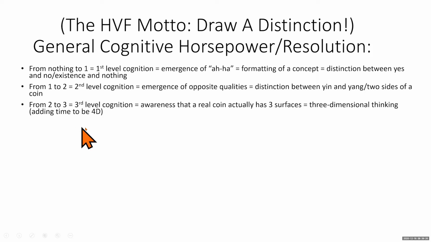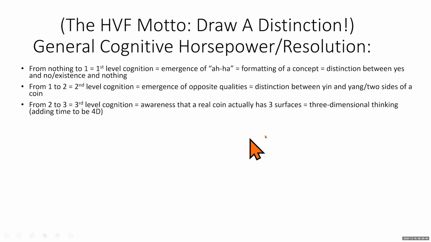Now, from 2 to 3, I call third level cognition, is the awareness that a real coin actually has 3 surfaces, not just 2. If you look at it carefully, you see the side as the third surface.